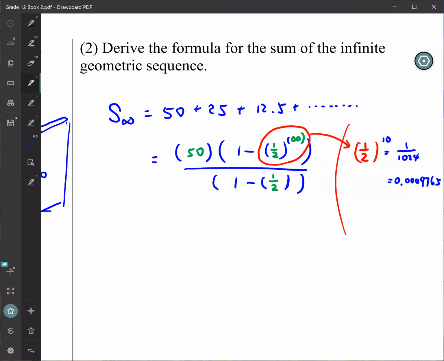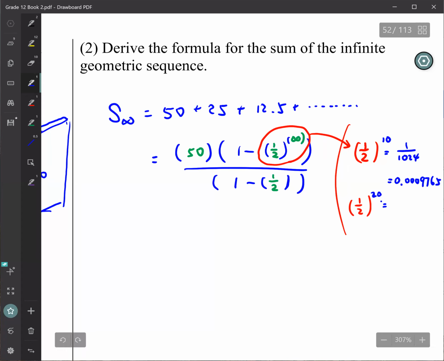If I try to make the exponent even bigger, like 20, what do you think the number is close to now?